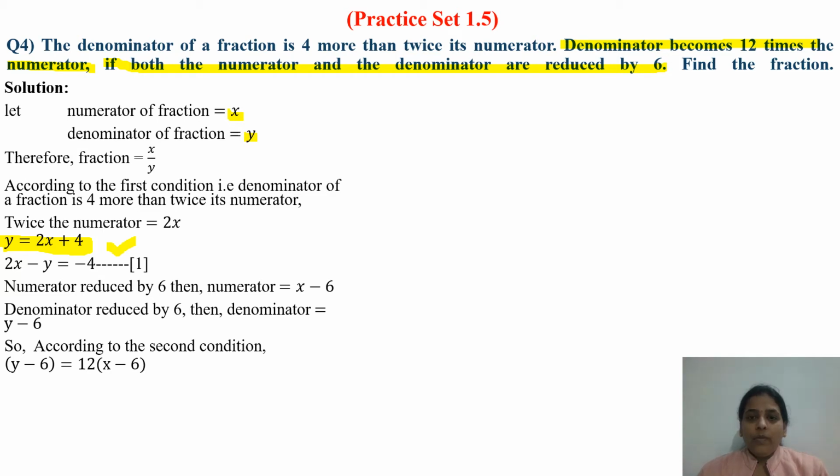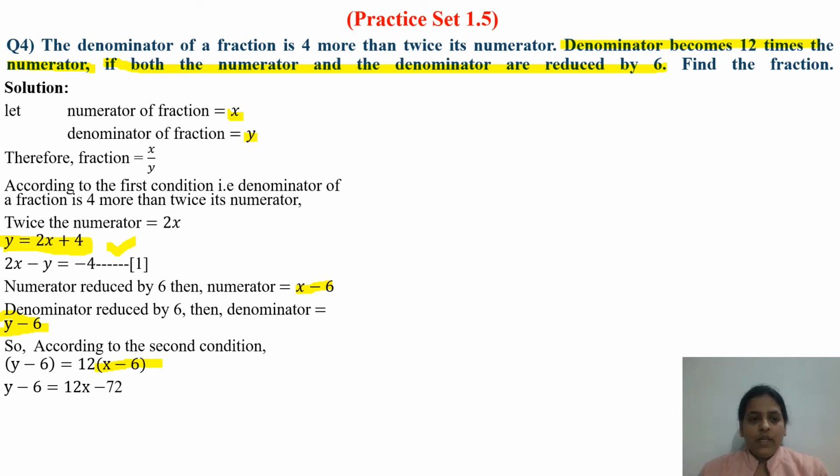The denominator reduced by 6 is y minus 6, and it is equal to 12 times the reduced numerator, x minus 6. So y minus 6 is equal to 12x minus 12 into 6, which is 72, with a minus sign.